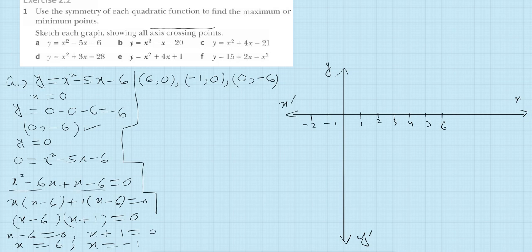Now on the y-axis, take 1 square as 2: 2, 4, minus 2, minus 4, minus 6, minus 8, minus 10, minus 12 and minus 14.